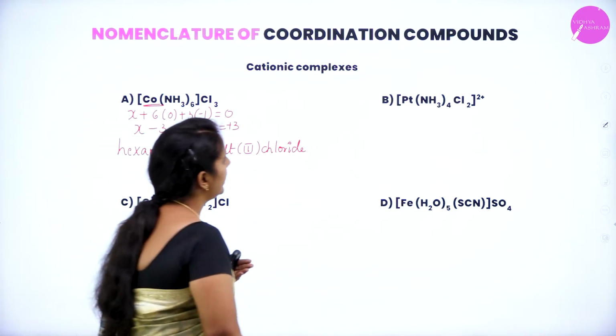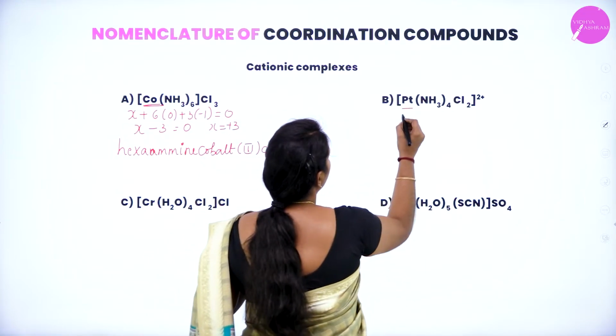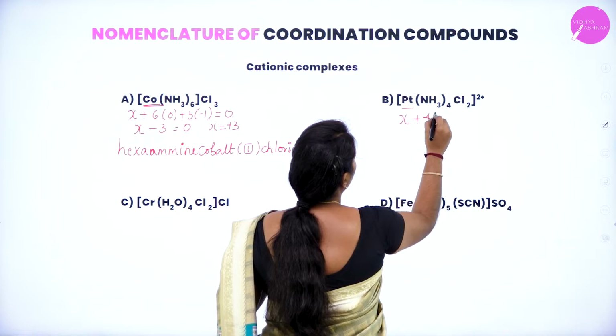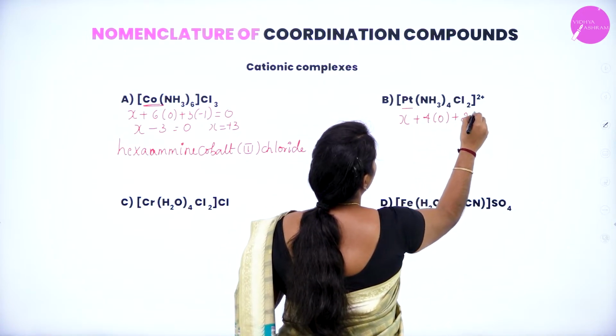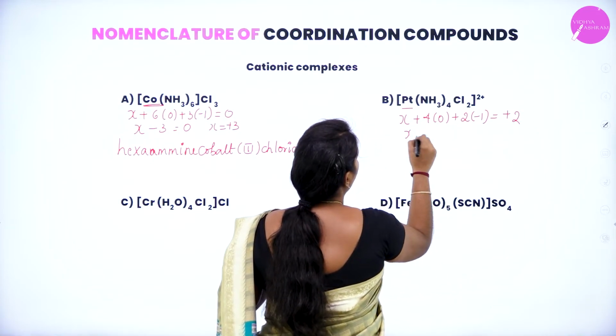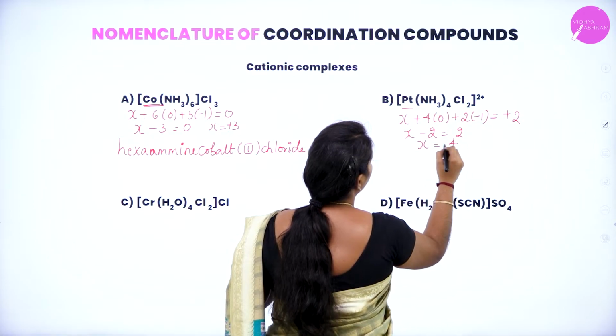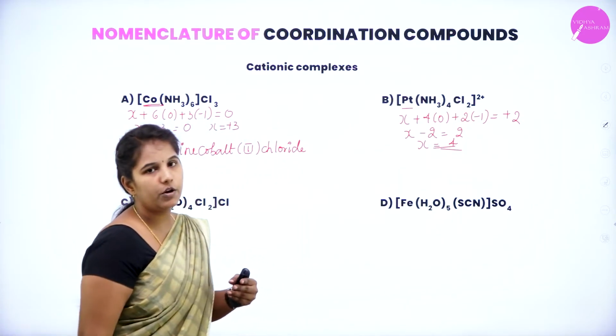Okay. Next, we'll go with the oxidation number calculation with the platinum. So it is x plus 4 into 0 plus 2 into minus 1, which is equal to plus 2, and x minus 2 is equal to 2, and x is equal to 4. So what is the oxidation number of the platinum?